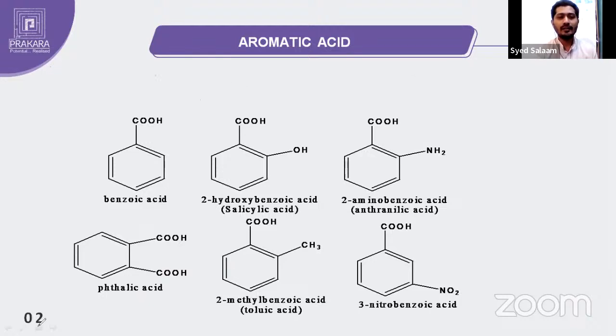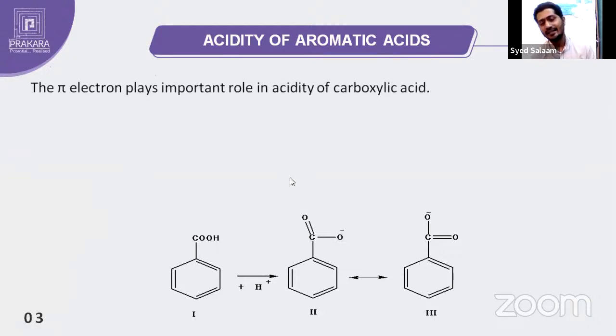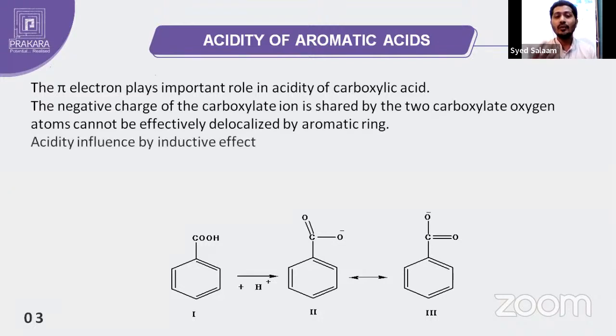Coming to the various properties of aromatic acids. If we go towards the acidity of aromatic acids, by the name itself, they are acidic in nature because of the presence of the carboxylic group, and acids are those substances which have the ability to donate a proton based on the Bronsted-Lowry theory.